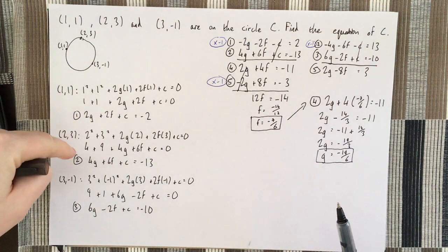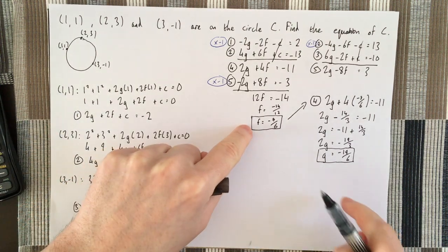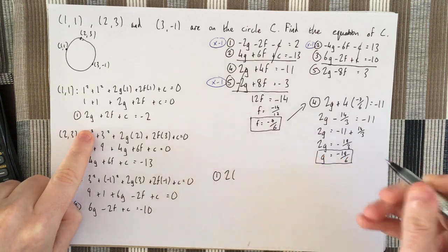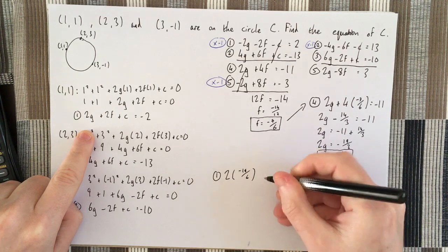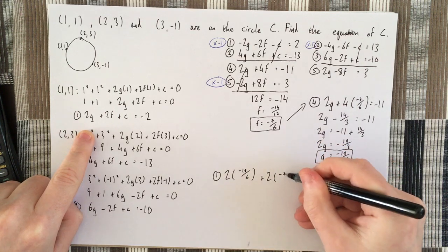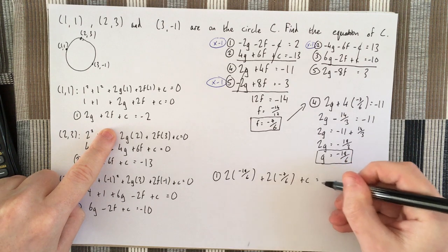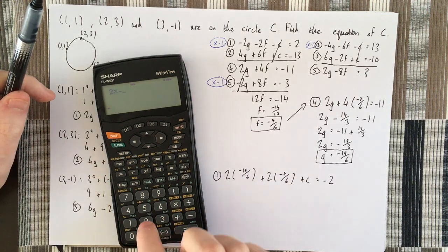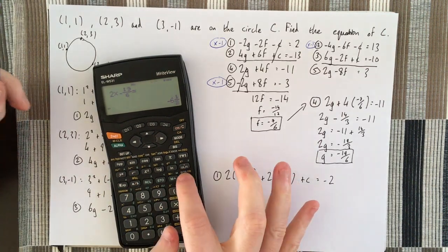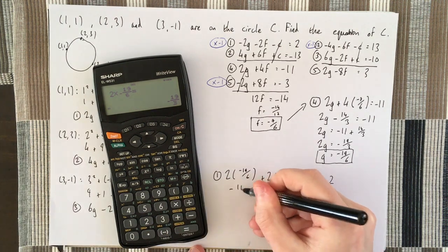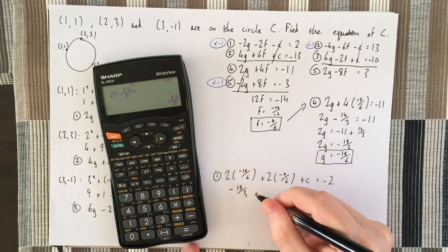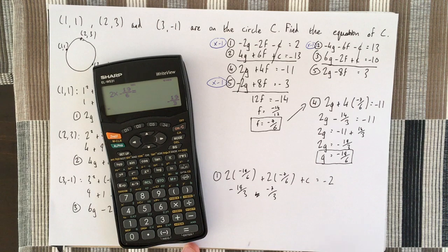To get my c then, pick either equation 1, 2 or 3 and sub f and g into it. So if I just pick equation 1, 2g is now 2 times minus 19 over 6, plus 2f is 2 times minus 7 over 6, plus c is equal to minus 2. So 2 times minus 19 over 6 is minus 19 over 3, plus 2 times minus 7 over 6 is minus 7 over 3, plus c equals minus 2.